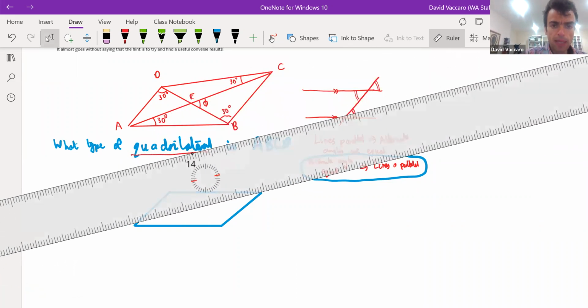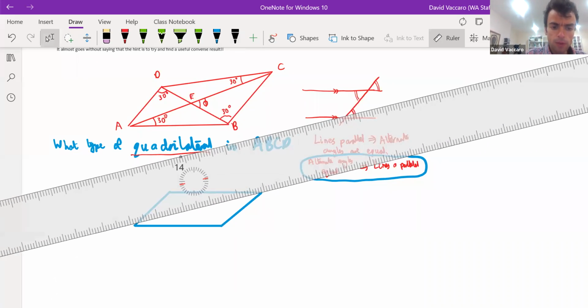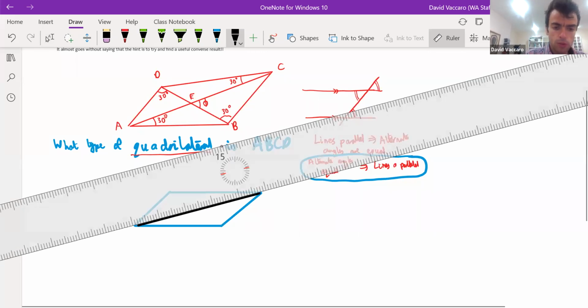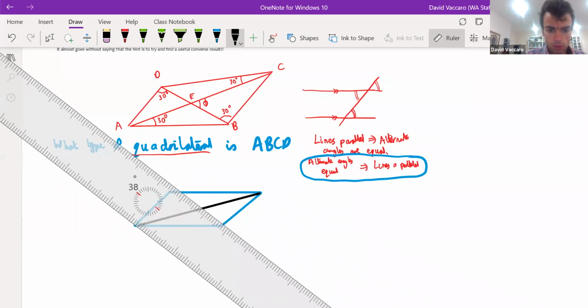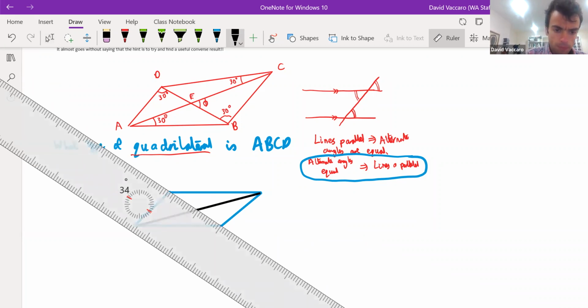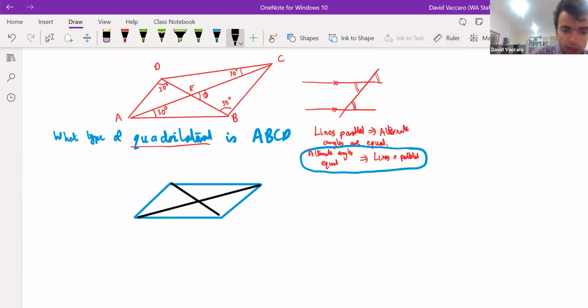Okay, and if you didn't make that observation, this question would be difficult. So I'm going to redraw it as a parallelogram, because an accurate diagram is better than an inaccurate diagram.